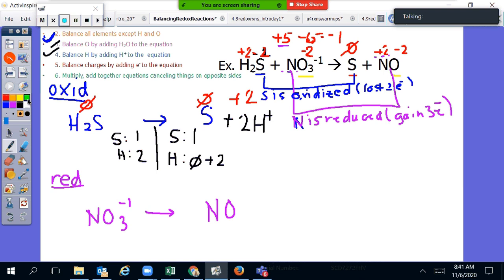Well, remember, each electron is a -1 charge. So if we want this to equal 0, we're going to add 2 electrons over here, because that's going to give them a -2. -2 plus 2 is 0. So the 2 electrons are going to get added over here.